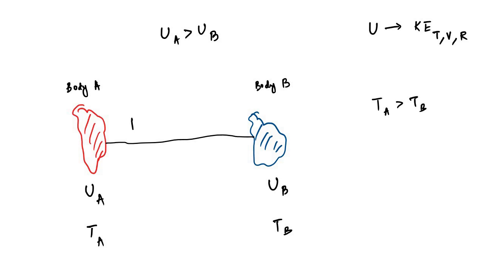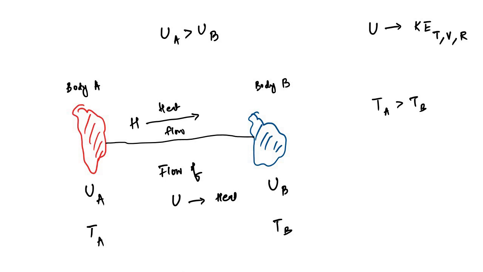So as a result, heat will flow from body A to body B. The direction of heat flow will be from body A to body B. So this flow of energy, this flow of internal energy, is called heat.